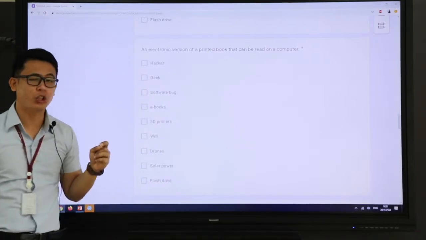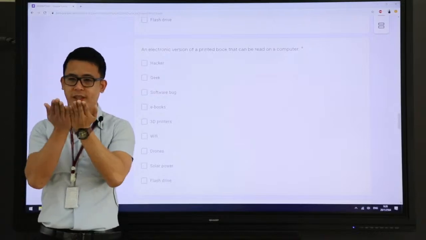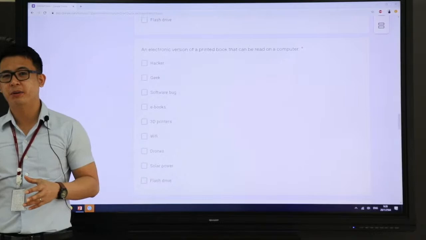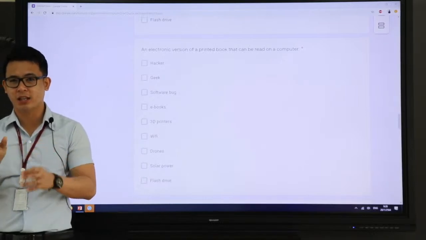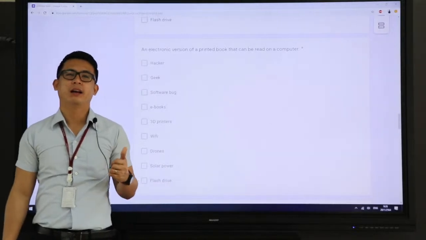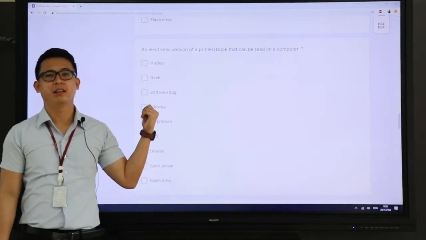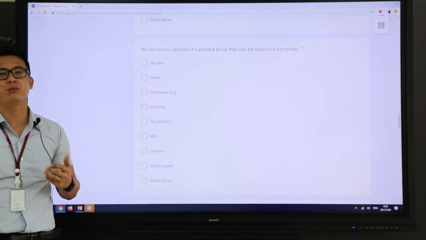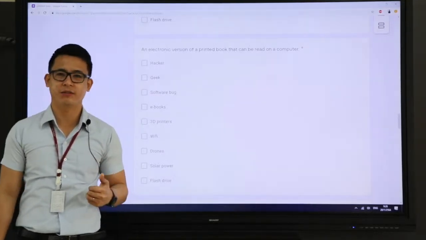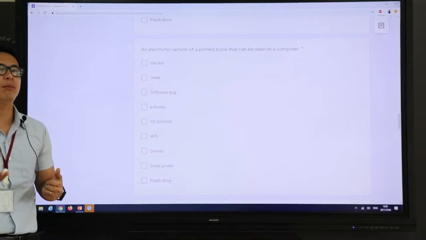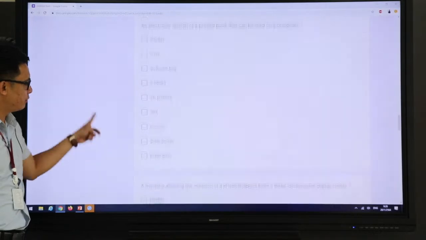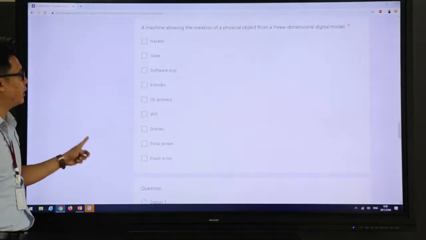It is an electronic version of a printed book. In a printed book, you're carrying it, but you have a lot of pages and it's very bulky. But when you have this one, you just use your computer or your electronic devices, such as your tablets or smartphones. So now, let's move on to the next one.